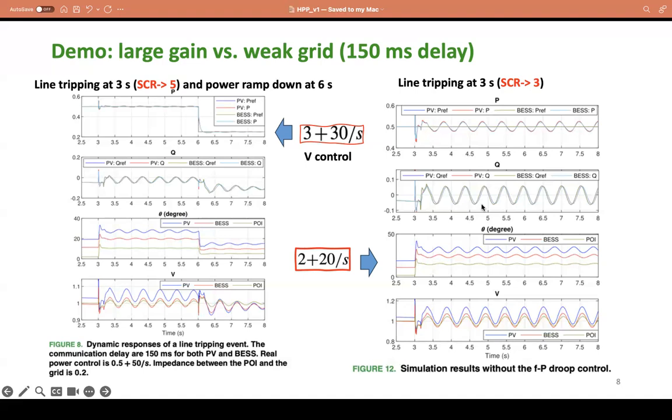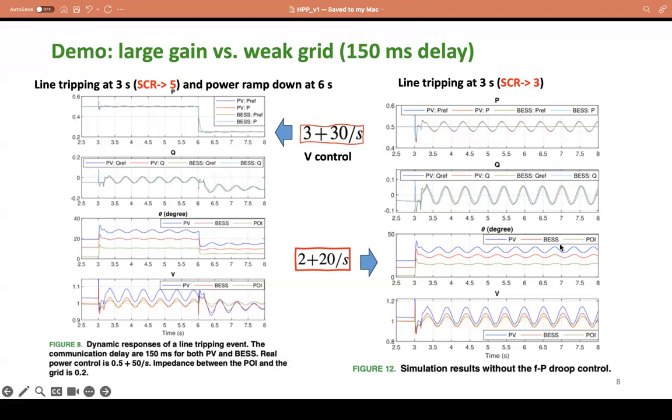And then we can see again that the voltage oscillation comes up, and Q is up, and P is also up, so there are oscillations in voltage and real power. This one is like the grid becomes even weaker, so you can also see more oscillations in the real power compared to the left side.